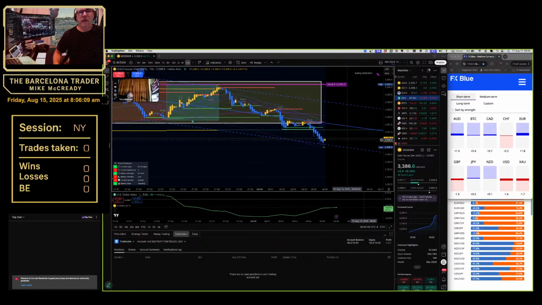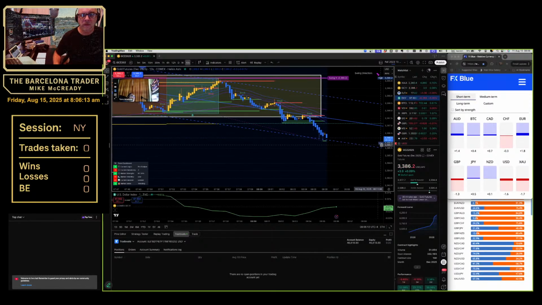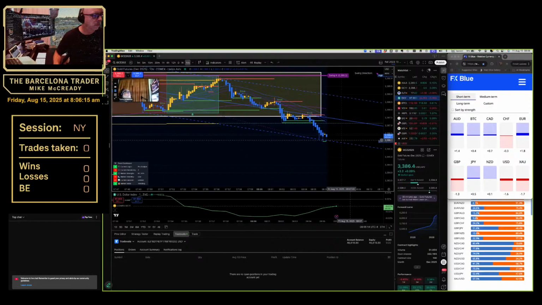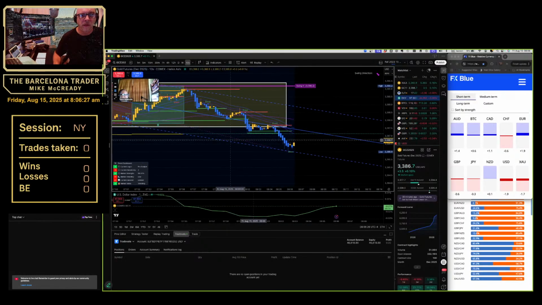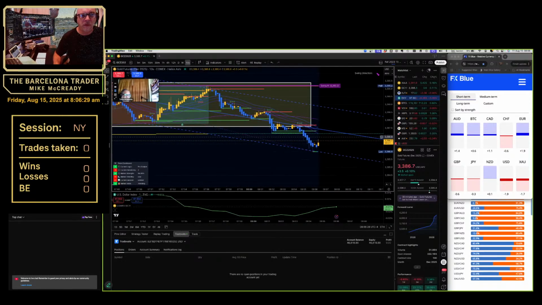Got room to trade this if it would show a little more gumption. What are we 8 o'clock hitting? If you look here on my 10-second chart, we're out of the opening range.